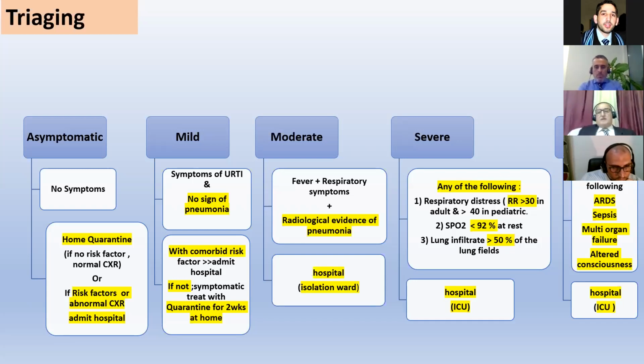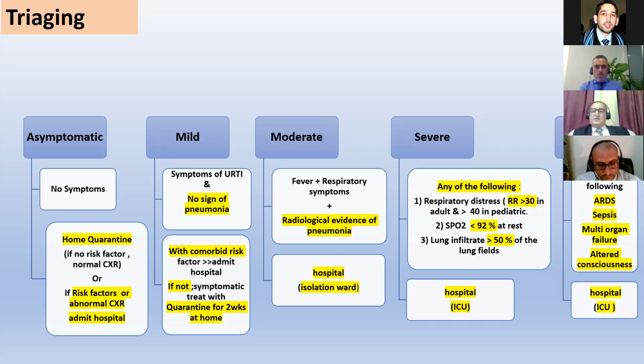Those with moderate and severe, those two categories: the moderate can be seen, of course, because of the fever and the radiological evidence of pneumonia. They need to be hospitalized in an isolation ward, and there is a high risk that they might progress into severe or critical cases. So they need general treatment in addition to the specific therapy.